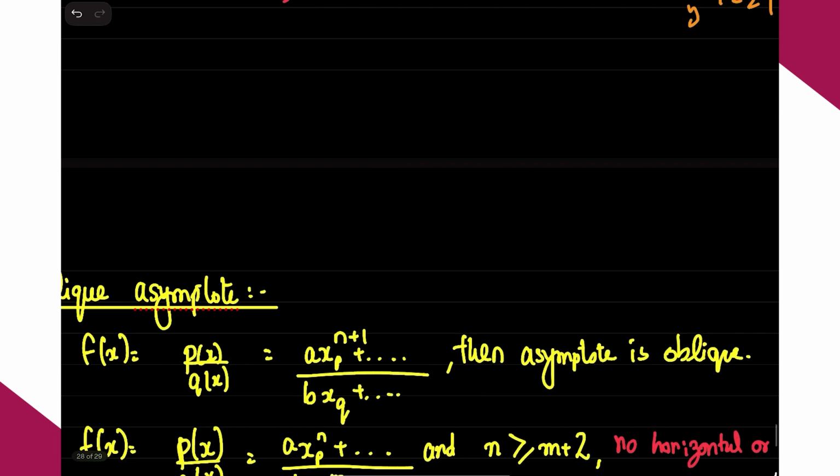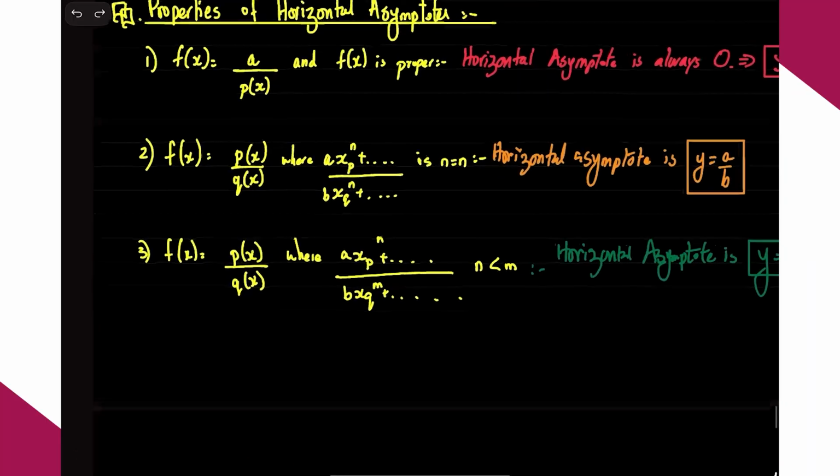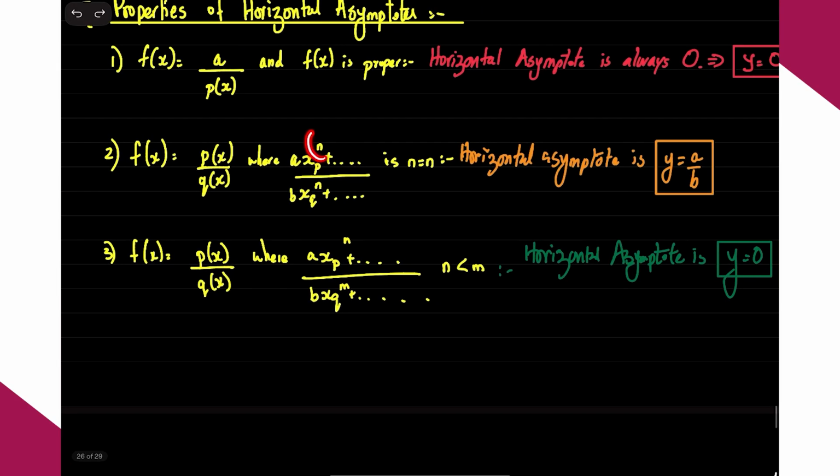So basically, I don't know if I've written it. Yeah, I have written it right here. So as you can see, we still have equal powers. Then we still have a horizontal asymptote for this. Okay. And there's a direct way of doing this as well. This is going to be ultimately my horizontal asymptote.